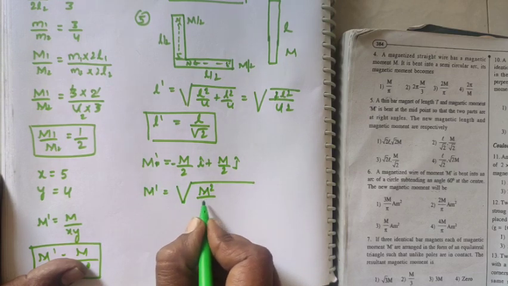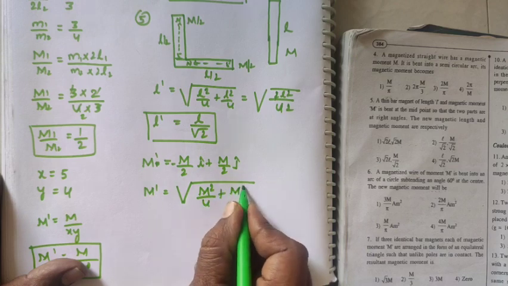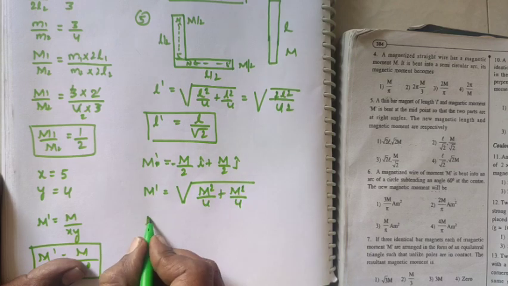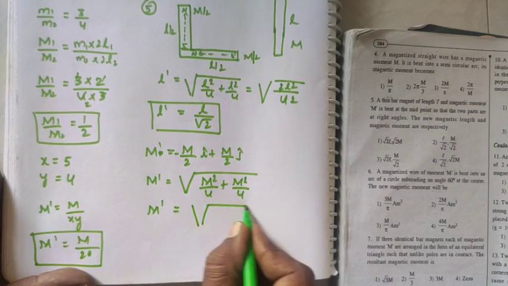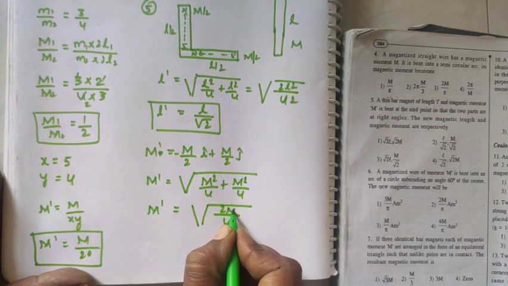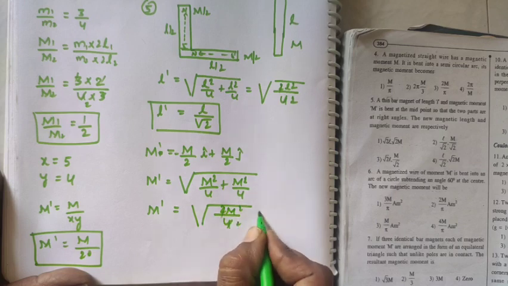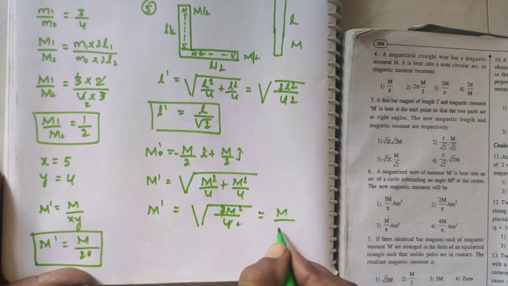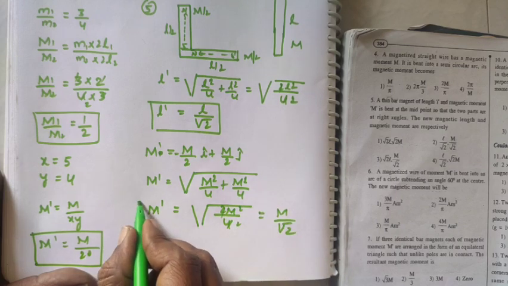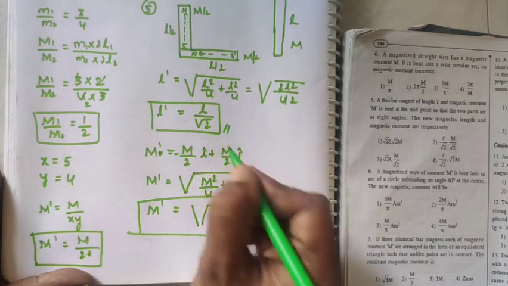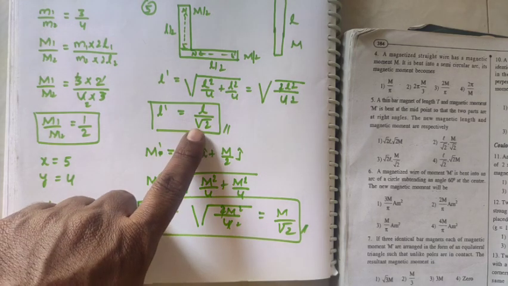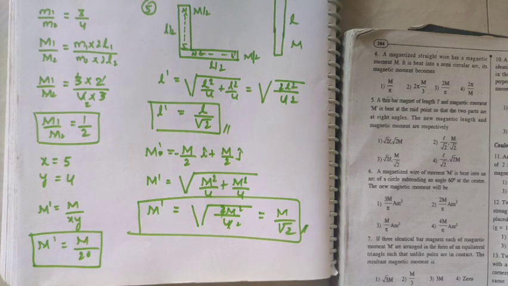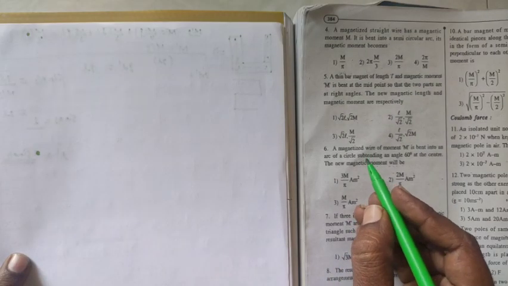M by 2 whole square, M square by 4, plus M square by 4. M dash is equal to the square root of M square by 2. So finally I will get it as M by root 2. So this is the required answer: L by root 2 and M by root 2 be the new magnetic length as well as magnetic moment here. Okay. Next one.